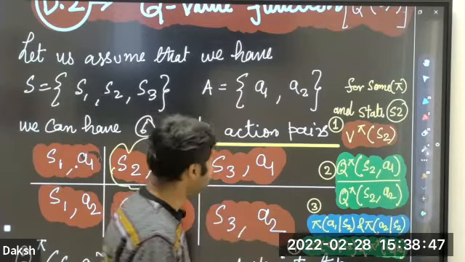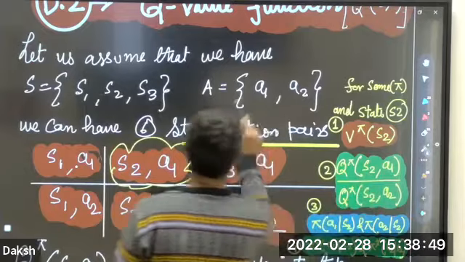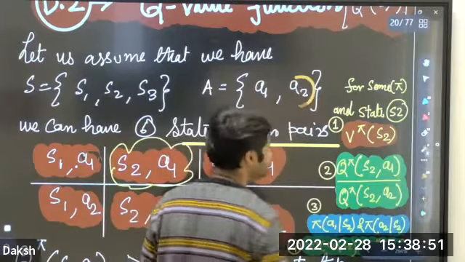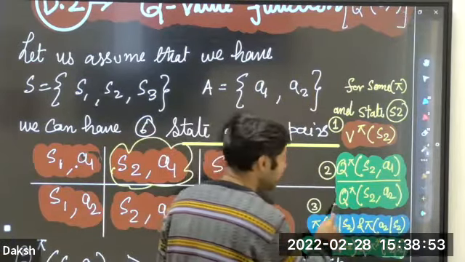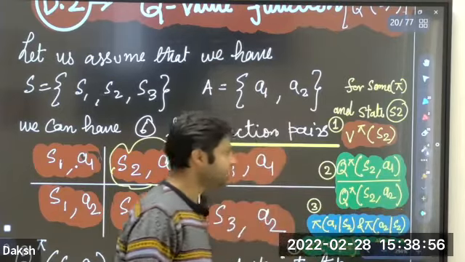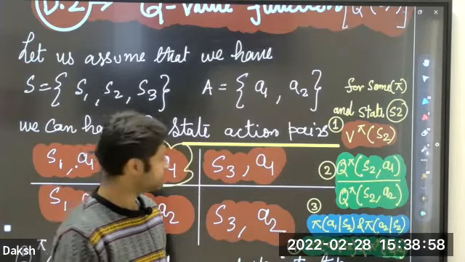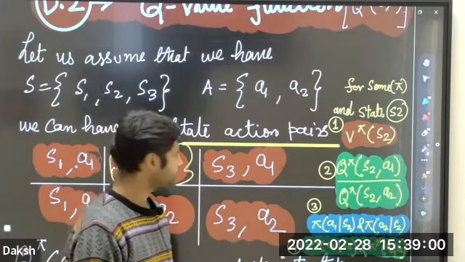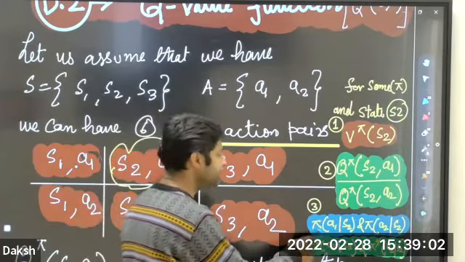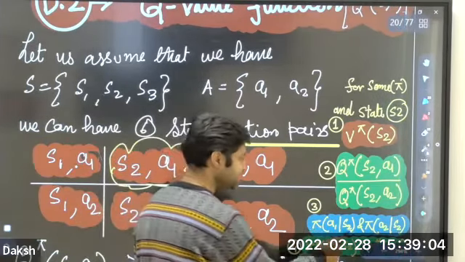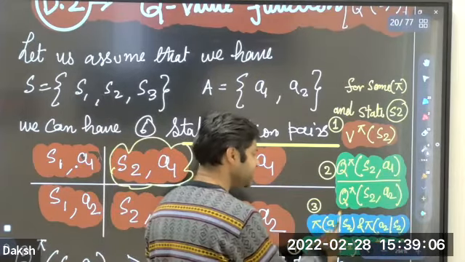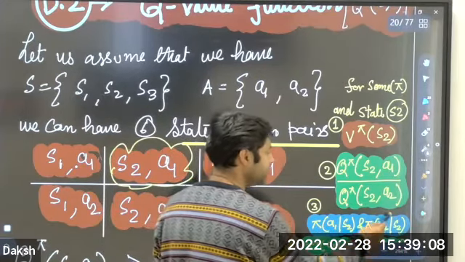Similarly, because there are two actions, A1 and A2, you are also going to get Q pi S2 A2, and you will be getting pi A1 given S2, pi A2 given S2.